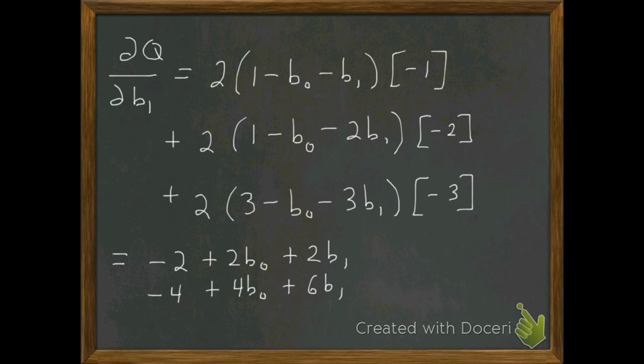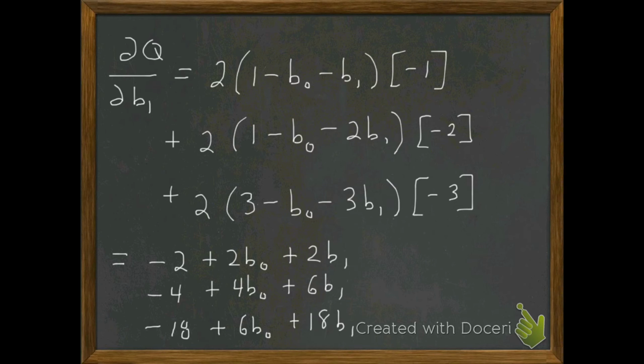And we're going to get, is that minus 18? We got 6, minus 18 plus 6B0 plus 18B1.